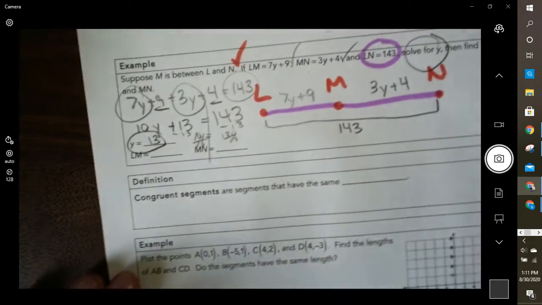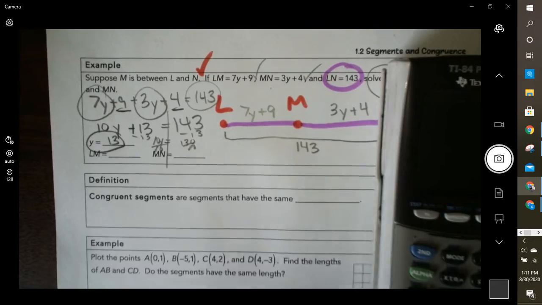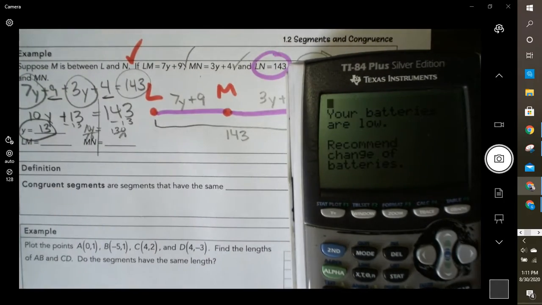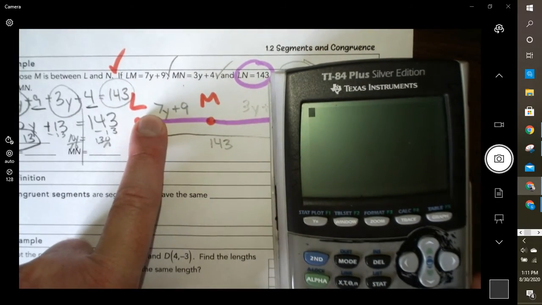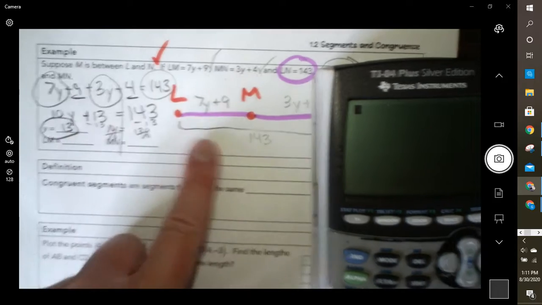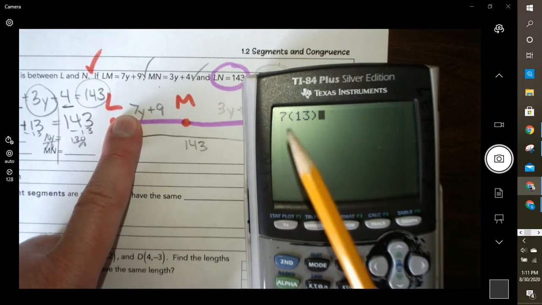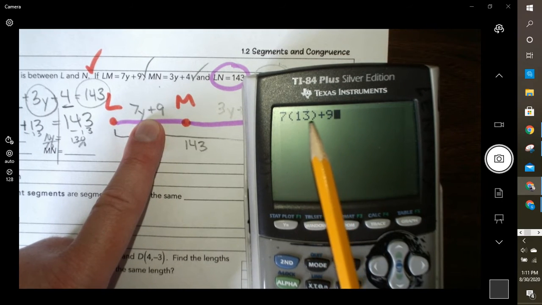Sorry that got all kind of crammed in there. Anyhow, now let's go ahead and finish out. We do need to get calculators out very shortly, as this will expedite the process in solving these equations. So here I can see that I'm going to be multiplying that y value, 13, by 7. So let's substitute that in. 7 times 13 plus 9. And notice how I put that in the parentheses.